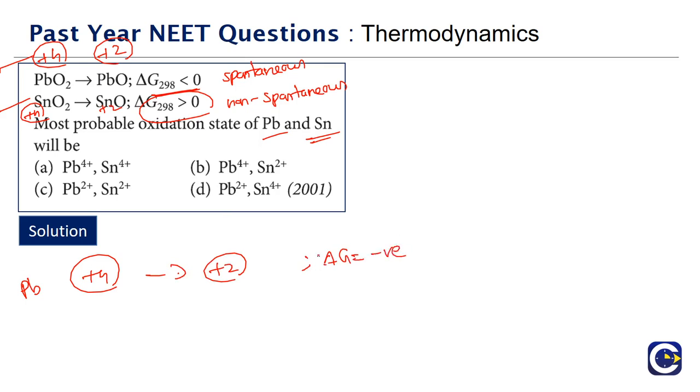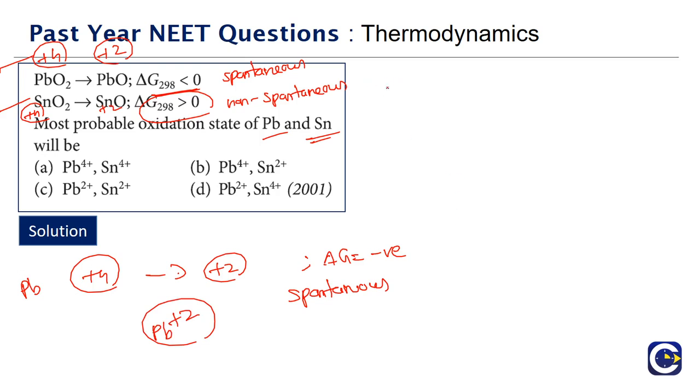Del G negative means we are saying this is spontaneous. Means between plus 4 and plus 2, the plus 2 will be more stable. That is why the lead is able to spontaneously move from plus 4 state to plus 2 state. Means for Pb it will be plus 2, which will be the most probable oxidation state.